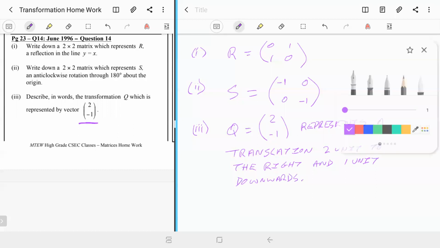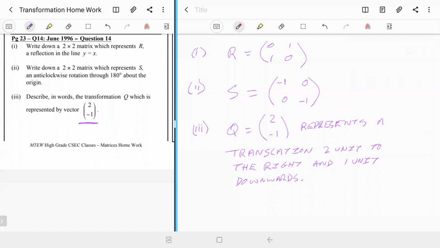You could have also said, instead of saying 2 units to the right and 1 unit down, you could have said 2 units in the x direction and negative 1 unit.